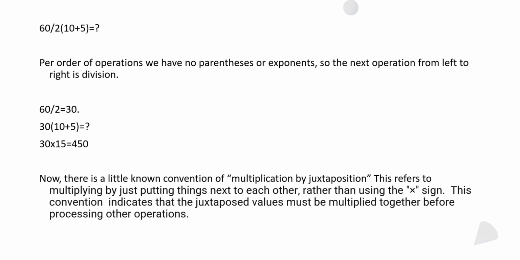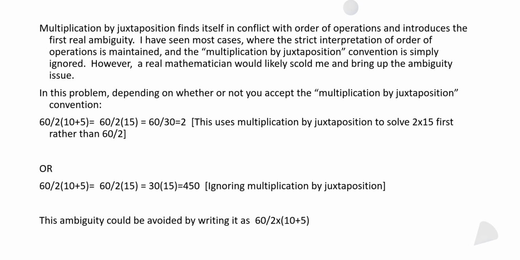I'm just an engineer, but this refers to multiplying by just putting things next to each other rather than using the x or the multiplication symbol. This convention indicates that the juxtaposed values must be multiplied together before processing other operations. So that throws a little bit of a wrench in this. Multiplication by juxtaposition finds itself in conflict with our order of operations, and it introduces the first real ambiguity.